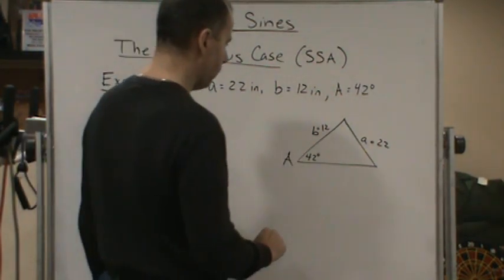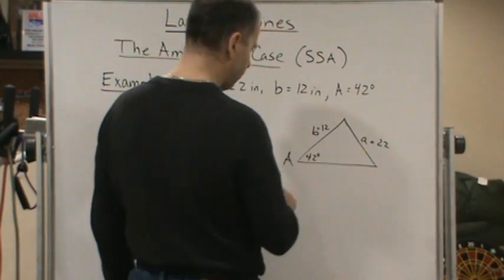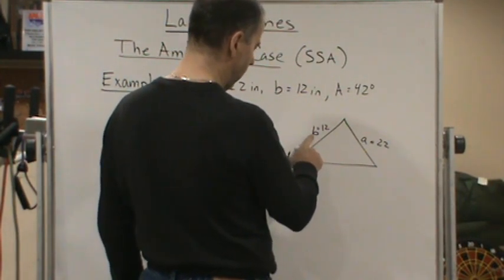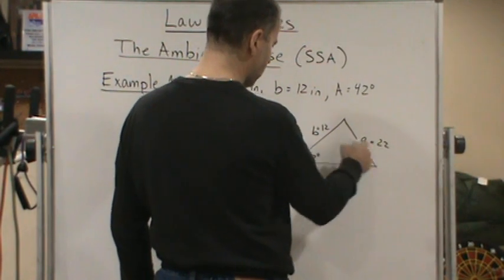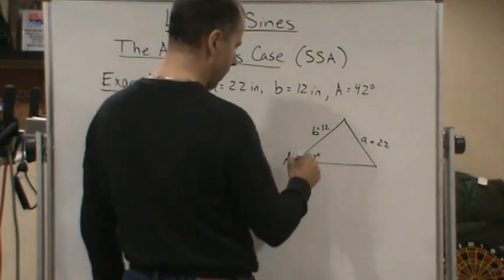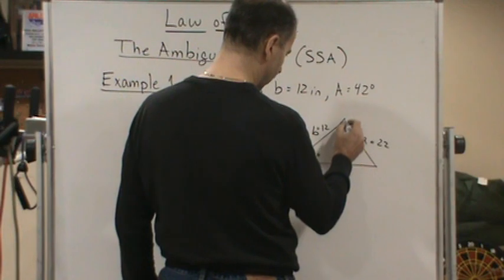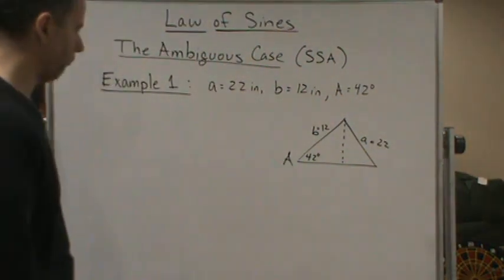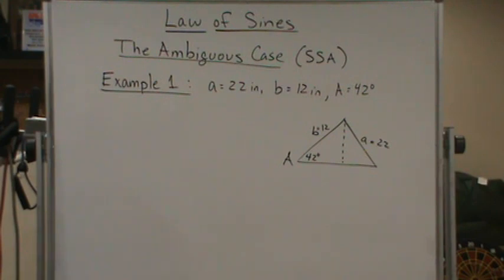Okay, so the first thing is b is 12 inches, right? a is 22. So a is bigger than b, right? But is it bigger than h?